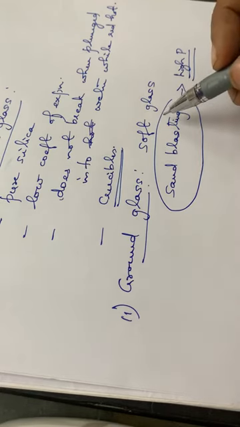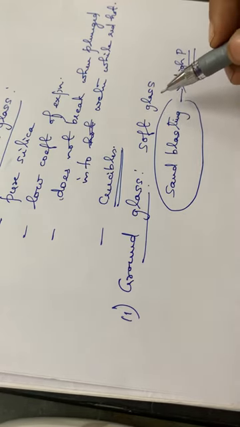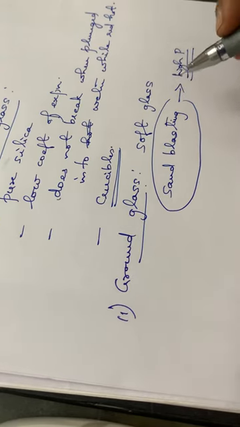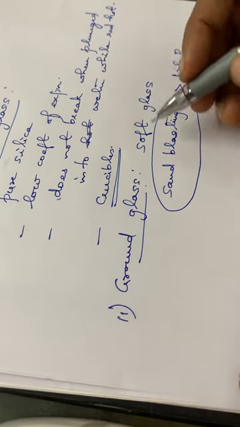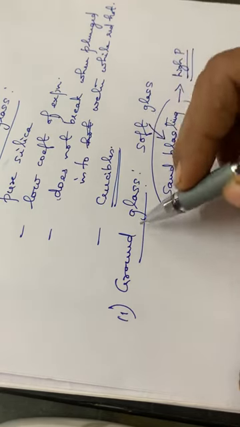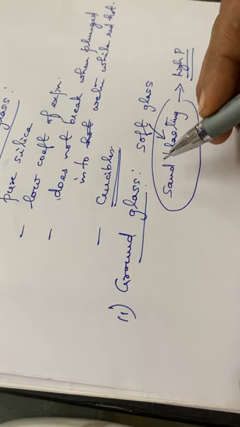It is a soft glass. The rough surface is produced by a process called sandblasting, in which high pressure is applied to the surface. This ground glass is ground by using turpentine or emery, or by sandblasting. By this process it is prepared.